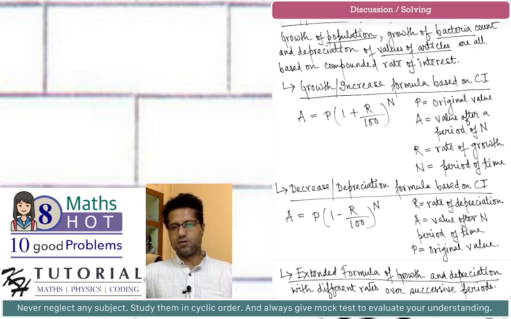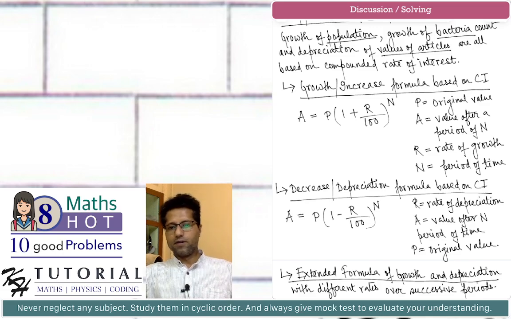For population or cost of articles, it is usually per annum, but for the growth of bacteria, it could be in hours. And so P is the original value, R is the rate of depreciation, and n is the period of time.